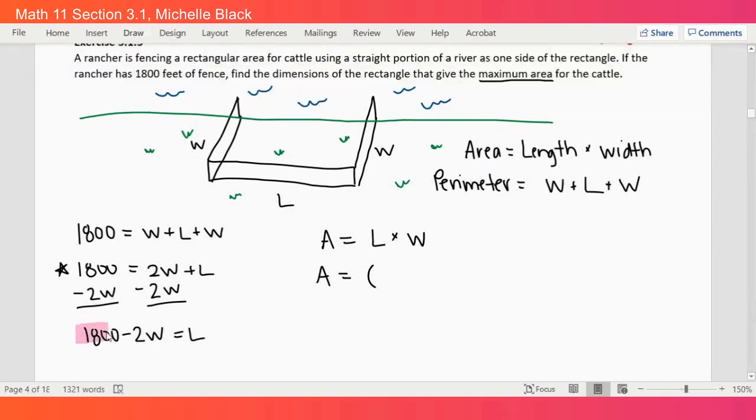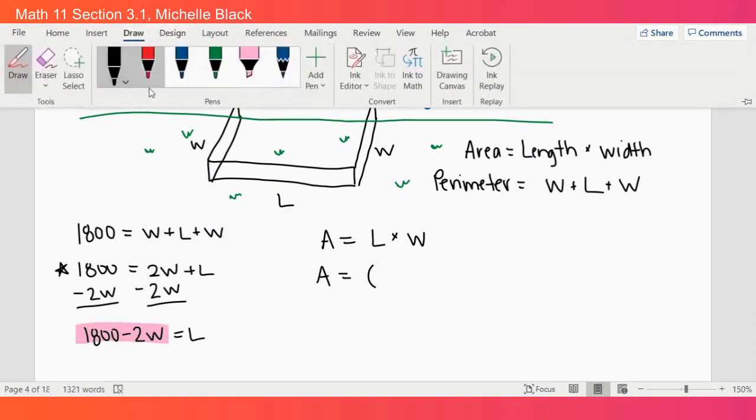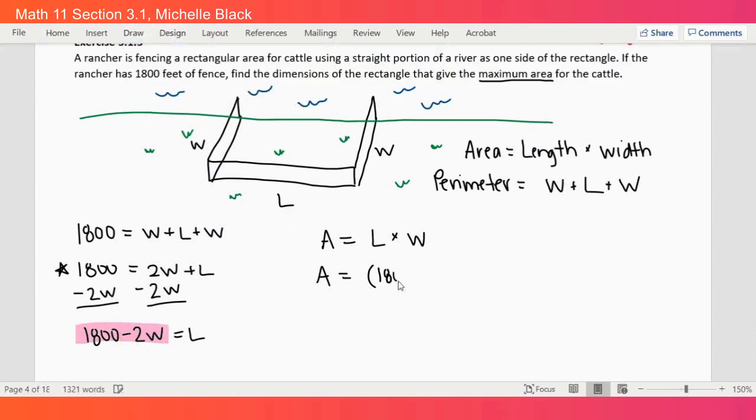My length is 1,800 minus 2W, I'm sorry, and my width is just W. Now let's multiply this out. So I have area equals 1,800W minus 2W squared.